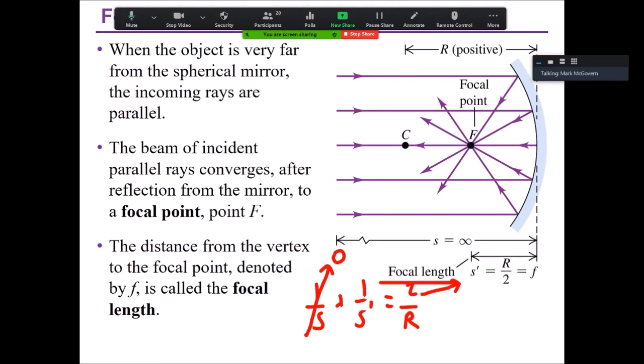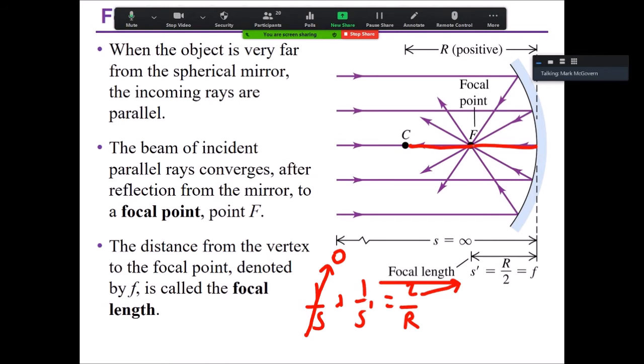Combine that with the definition of what focal length is. When rays come in parallel, they all reflect off the mirror and they come down to a point which is the focal point. If you're closer, that gets pushed further out, but that is where parallel rays come together. And so we can see that where that image is formed is exactly half of the radius, because the radius is from here to here, and our s prime is exactly half that value.